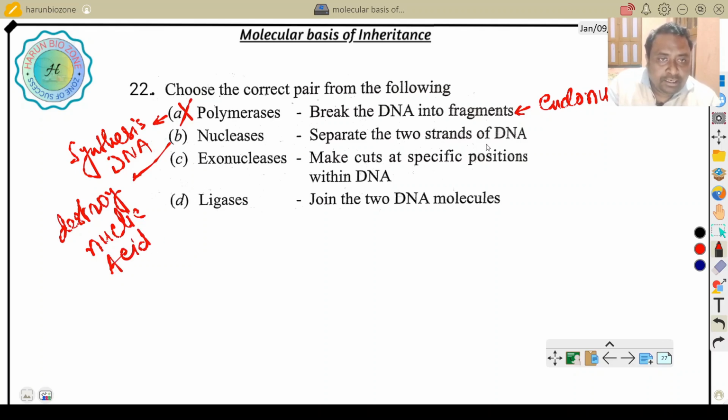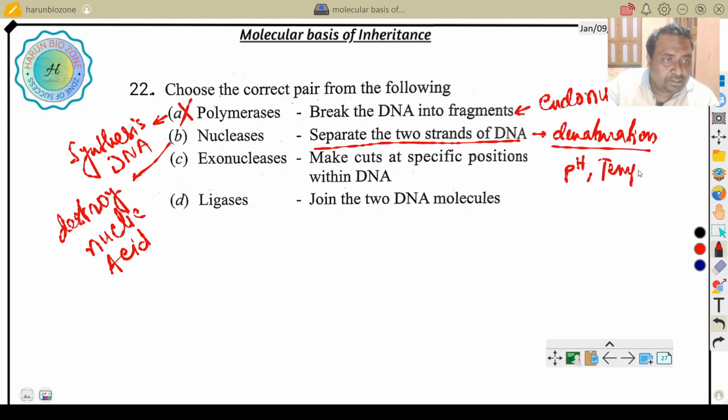Separating the two strands of DNA is called denaturation. Denaturation depends on pH, temperature, etc. This determines the denaturation of the DNA, so this is the wrong answer. Exonuclease removes nucleotides from the 5' or 3' end of the DNA.